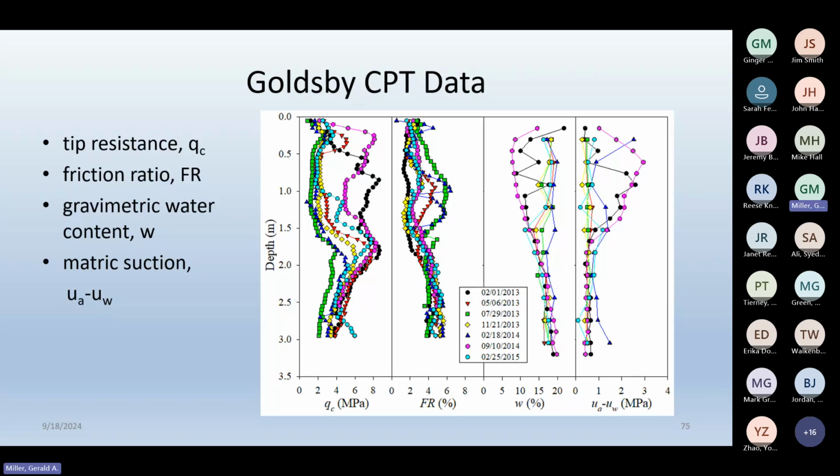And here, there seems to be still some activity going on below where the water content gets essentially constant. You tend to correlate a little stronger with the variations in water content. So that's Goldsby.